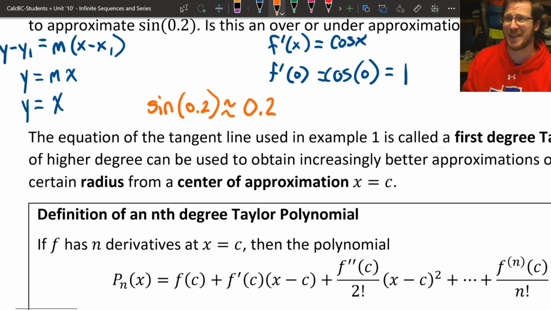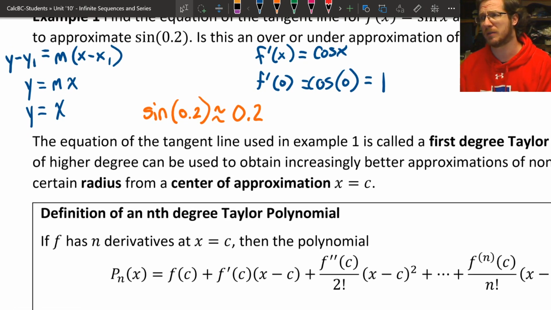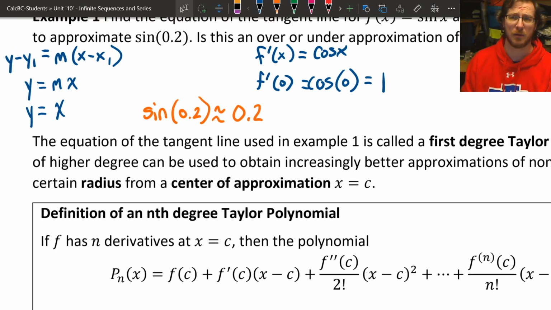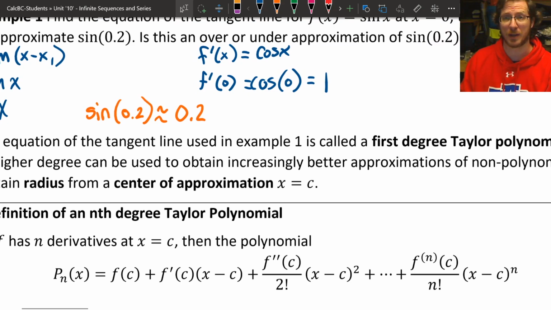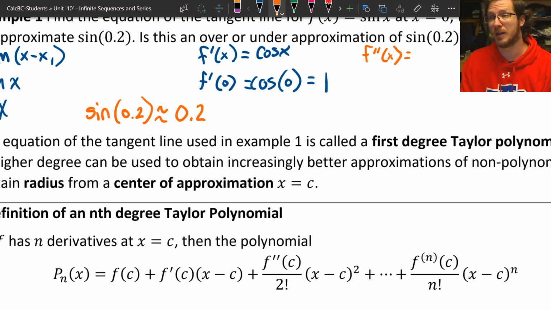The last part says, is this an over or under approximation of the sine of 0.2? So we can do this a couple different ways. We can say, all right, so using some more calculus, if we look at the second derivative and use our second derivative test, derivative of cosine is the opposite of sine of x.